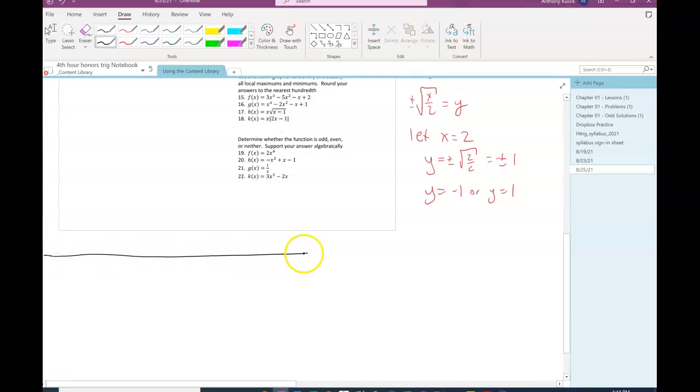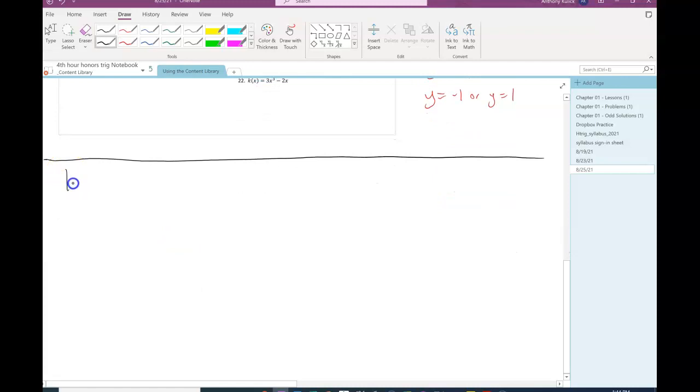So today we're going to look at sections 1.4 and 1.5. Okay, so increasing and decreasing is like an adjective.